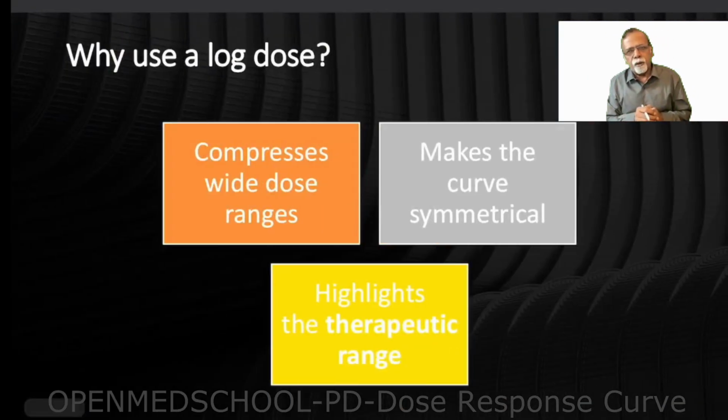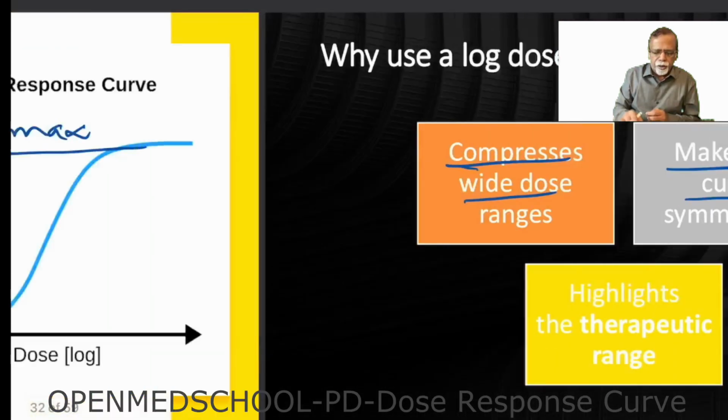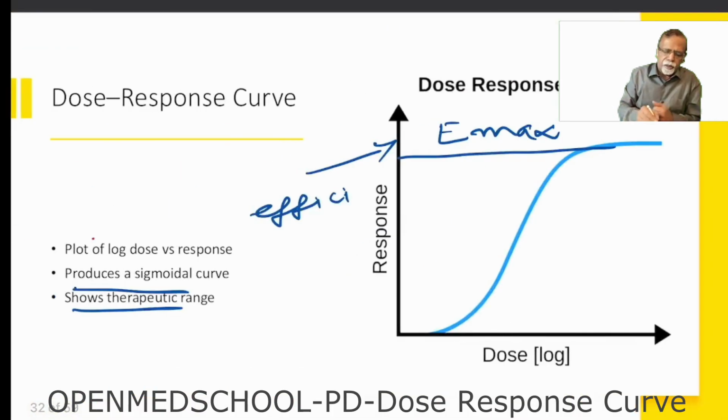And why are we using the log dose? Because it compresses a wide range of doses and makes the curve more symmetrical. If you are using the hyperbola, what happens?